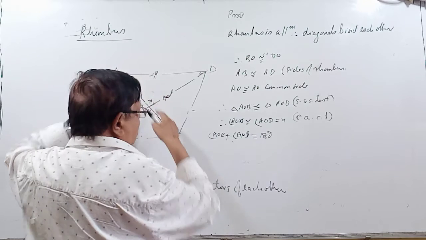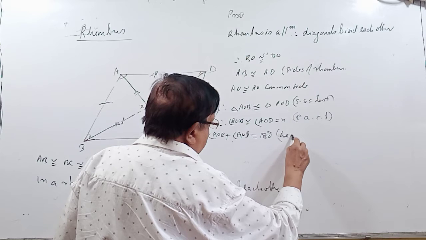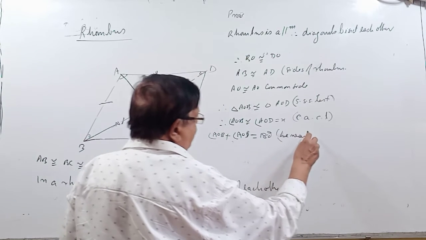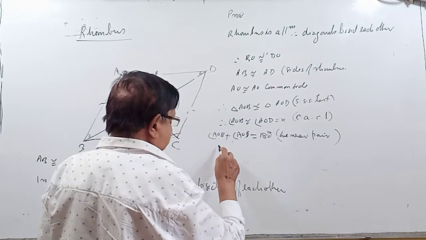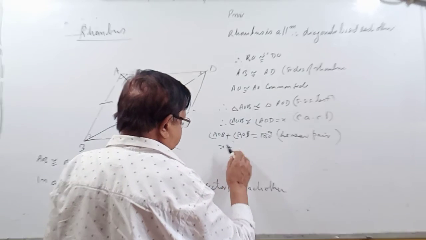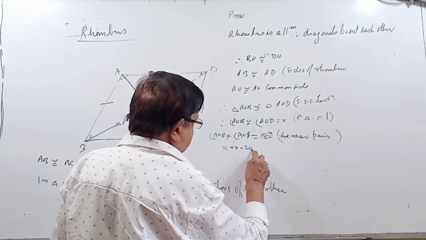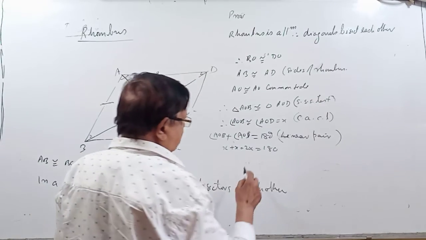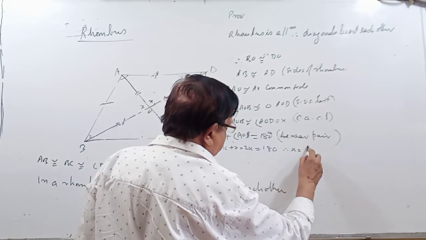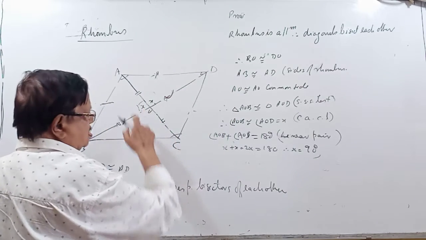This angle plus this angle equals 180 degrees, linear pair. Therefore, x plus x equals 2x equals 180 degrees. Therefore, x is equal to 90 degrees. This angle x is equal to 90 degrees.